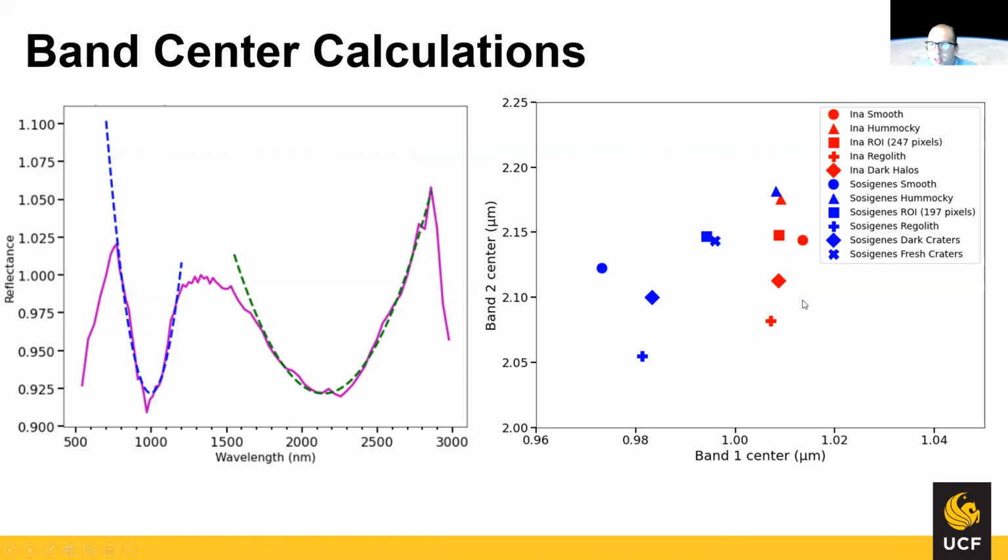And we can also see that Ina's averaged 250 pixel region appears to be very close to the band center positions of both the smooth and the hummocky terrains. The smooth regions of Sosogenes appear to have similar band centers to the dark craters and the regolith. And finally, the hummocky terrains for both Sosogenes and Ina show very similar band center positions.